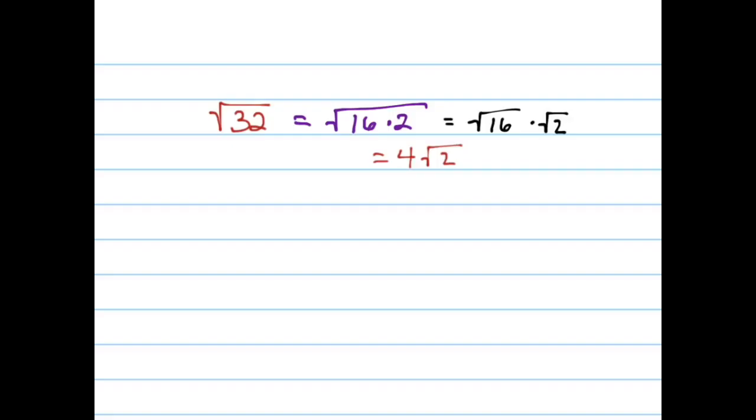Okay. Now let's put one up there with a variable in it. First of all, we can split this into the square root of 9 times the square root of x cubed. That's easy enough to see, right? What's harder to see is that there's a perfect square inside of the x cubed. Any ideas what it might be?